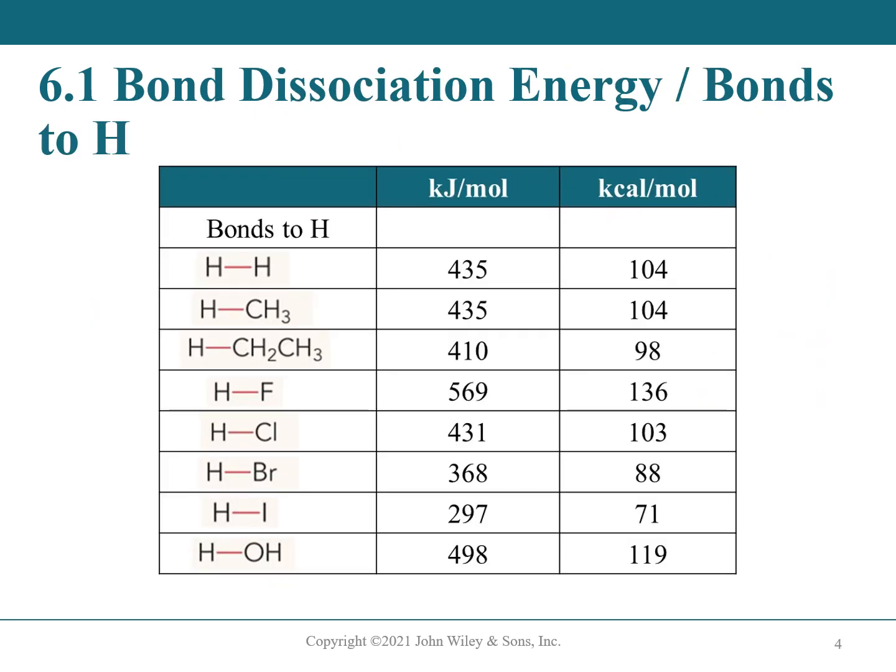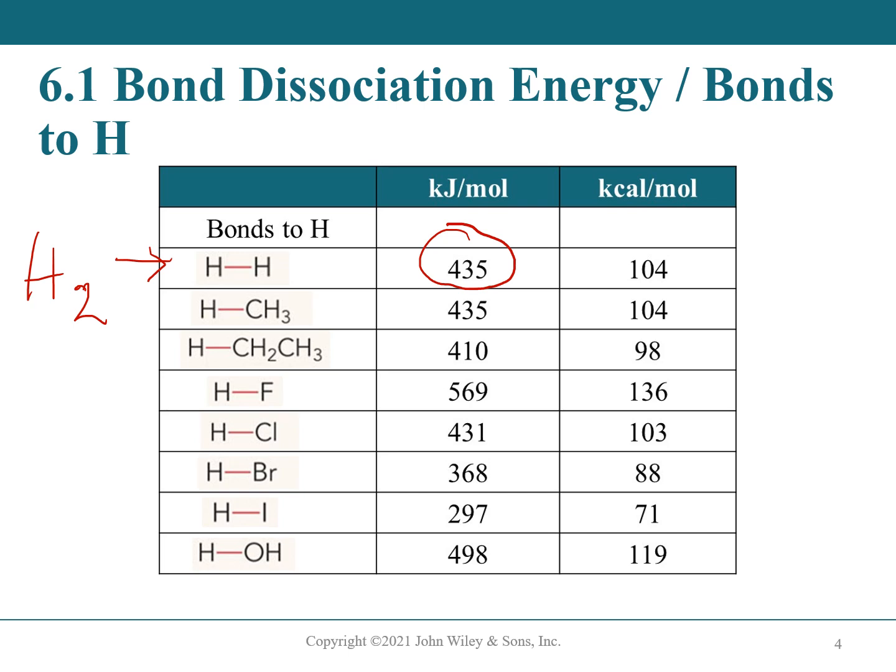So here are some common bond dissociation energies that are affiliated with these homolytic bond cleavages. So we have H2, right? This is our first example here. When H2 undergoes homolytic bond cleavage, the amount of energy that is needed to break this bond is given per mole.